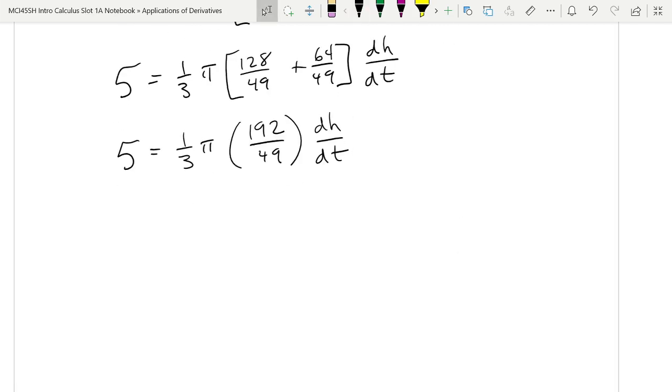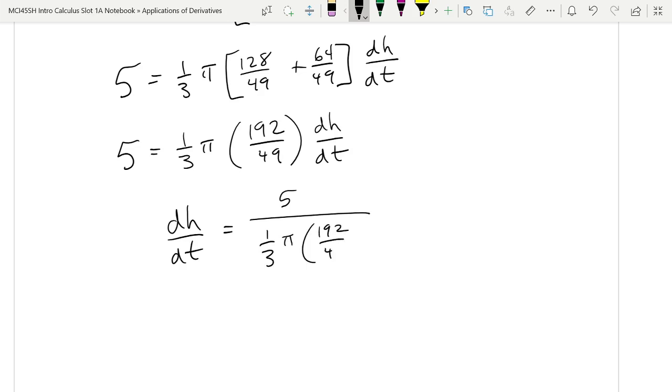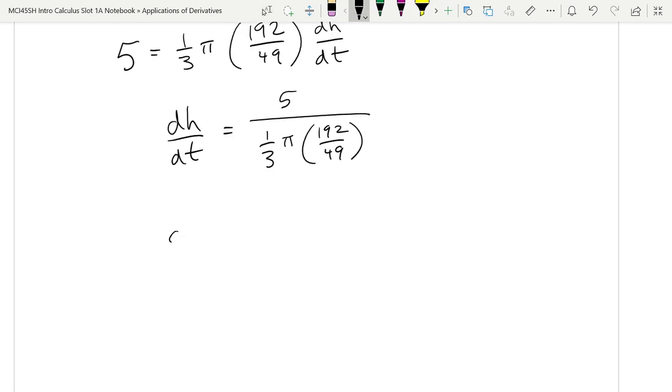Okay, so basically, my final answer will be 5 divided by all of this. And at this point, I just go to my calculator. Although 3 does go into 192, I could simplify it that way. But it's okay, I think I'll just punch buttons at this point.